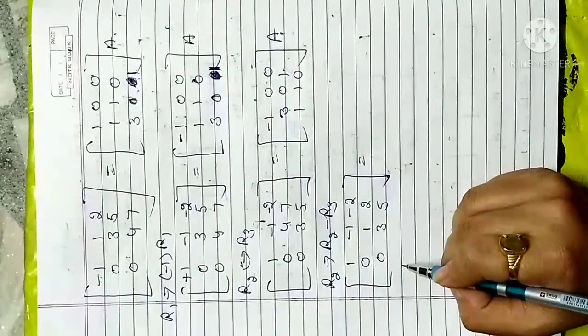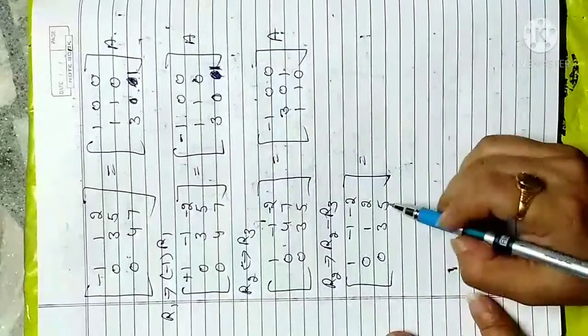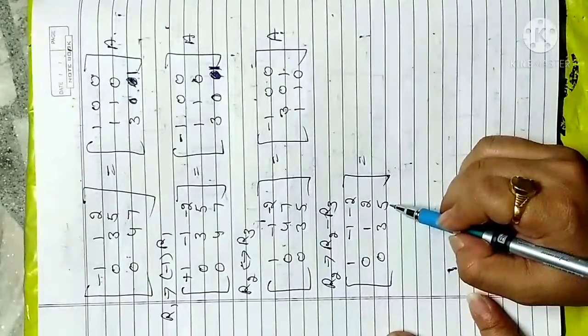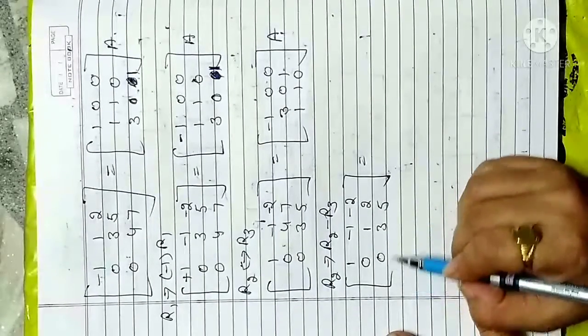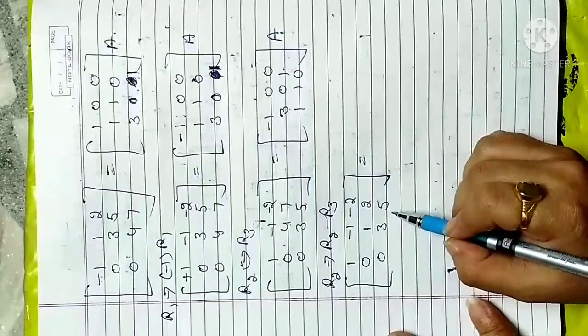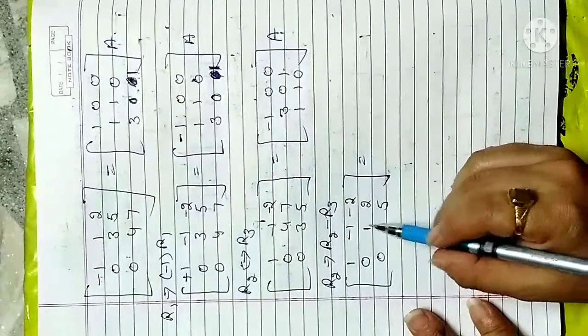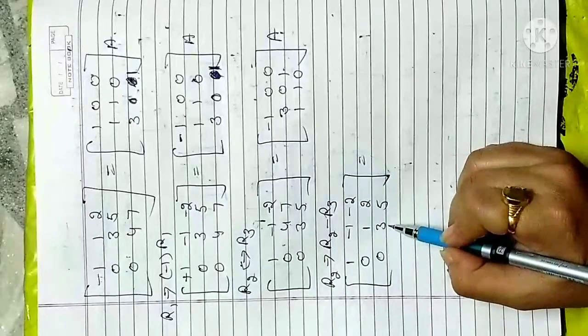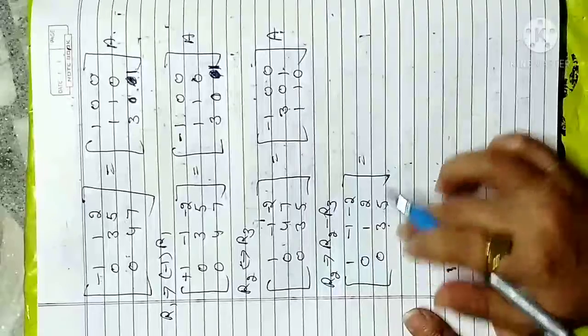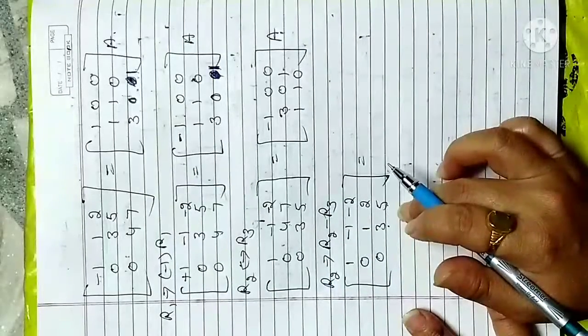So next, now I want to make this 1. So I try to change row 3, because I need 0 here and 1 here to make it an identity matrix, to fix the last row.